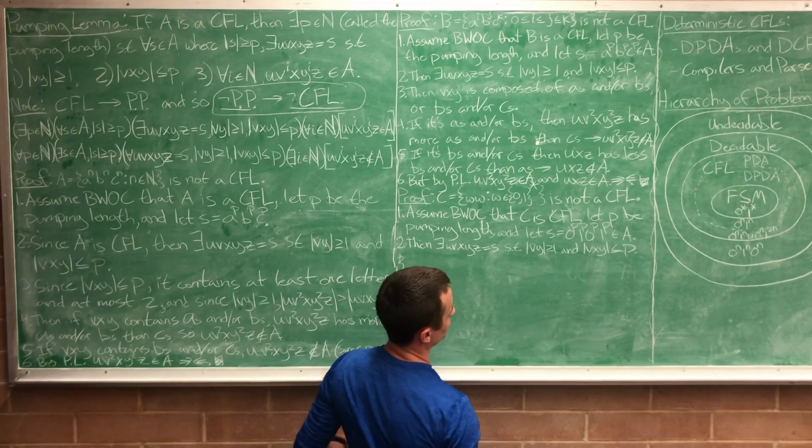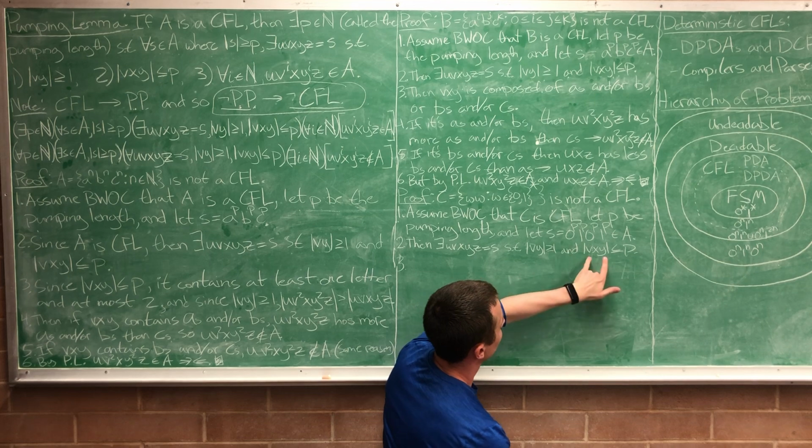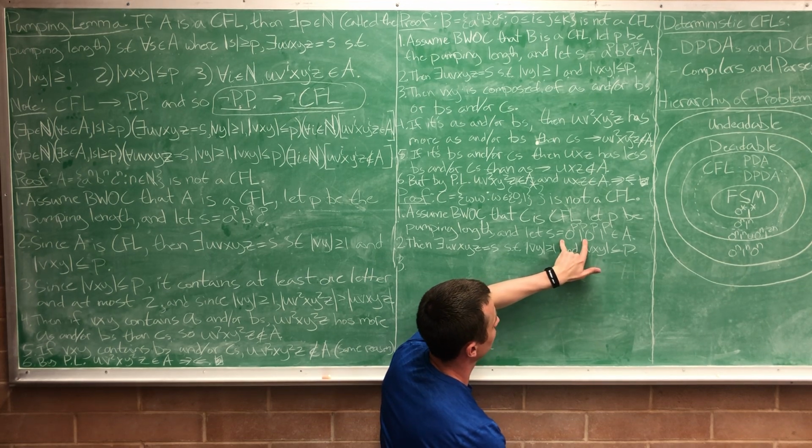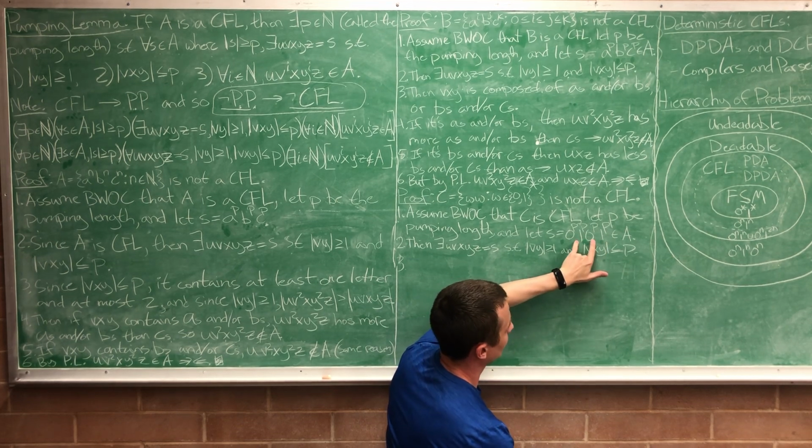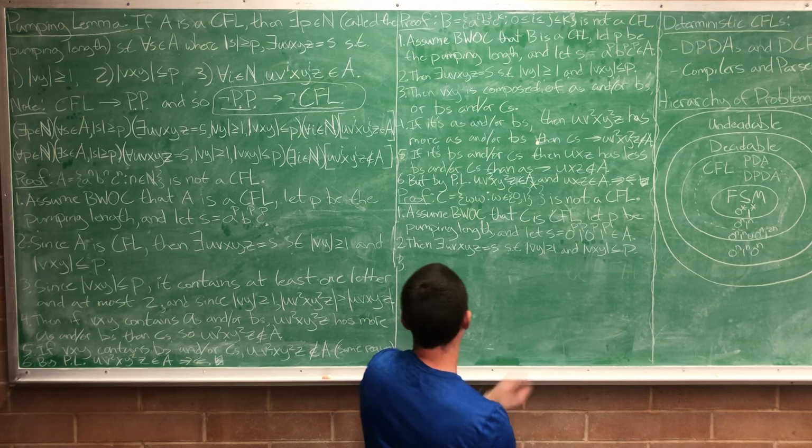The three cases we care about are: vxy is in the first 0 to the p, 1 to the p, or it's in the second 0 to the p, 1 to the p, or it straddles the two.